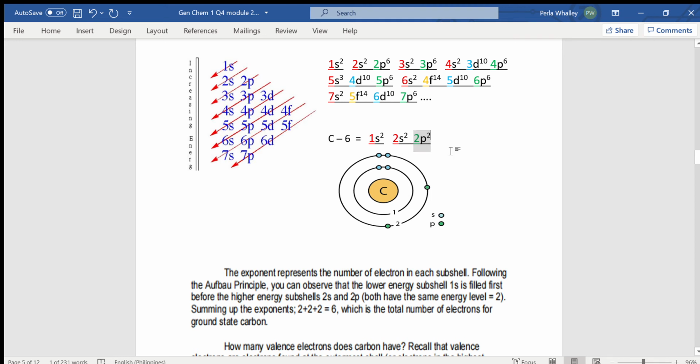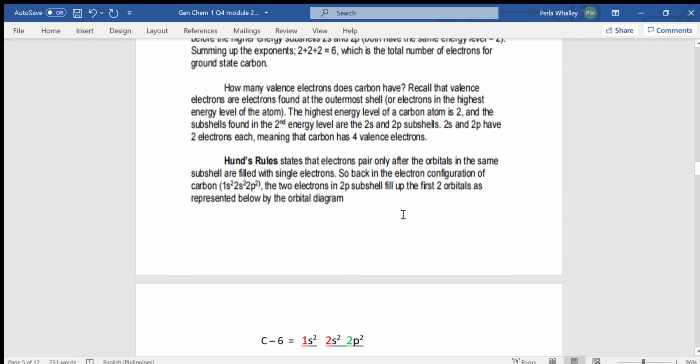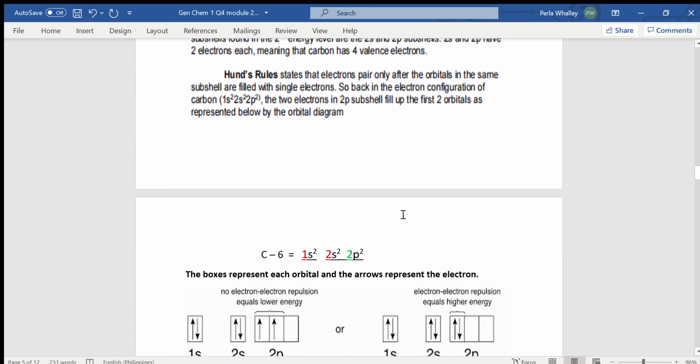Okay, then let's go to Hund's rule. It states that electrons pair only after the orbitals in the same subshell are filled with single electrons.